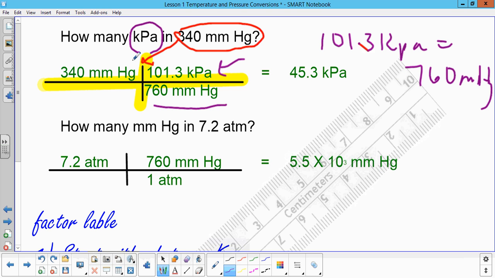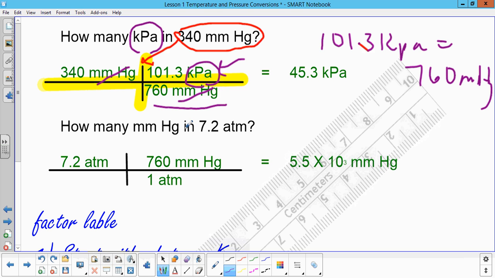So what numbers make this true? Well, 101.3 kilopascals is the same as 760 millimeters of mercury. Remember, I always start with my units first, and then I find the numbers to make it true. What I'm noticing now is that millimeters of mercury on the top cancels millimeters of mercury on the bottom, and I'm left with the units kilopascals. So I have the units I want.